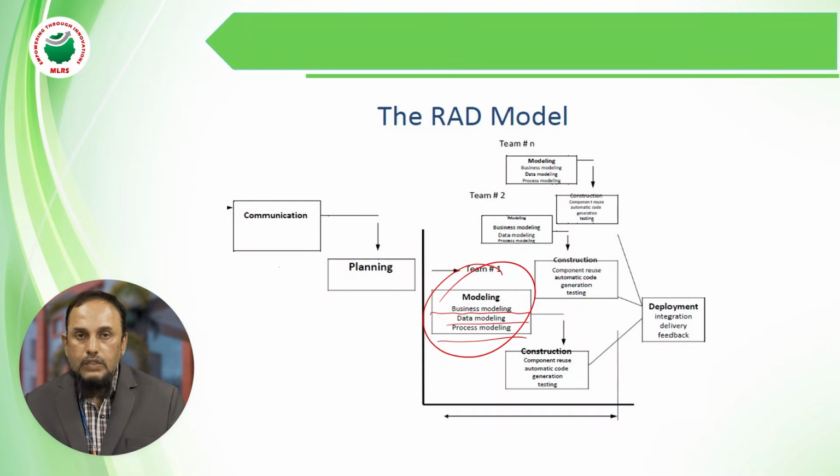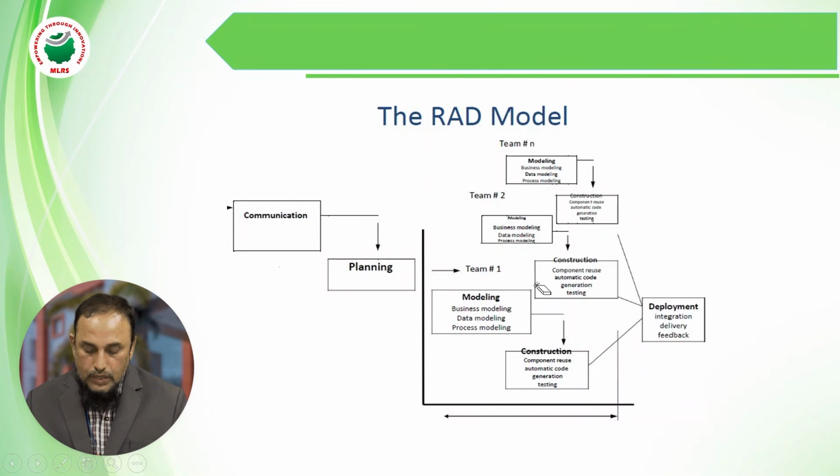Compared to the waterfall model, which takes nearly 6 months to 1 year, in the RAD model we can complete the project in 2 to 3 months, because n number of software teams are working in parallel. For example, in the diagram, team 1, team 2, up to team n are working parallelly to complete the project in a short interval of time.